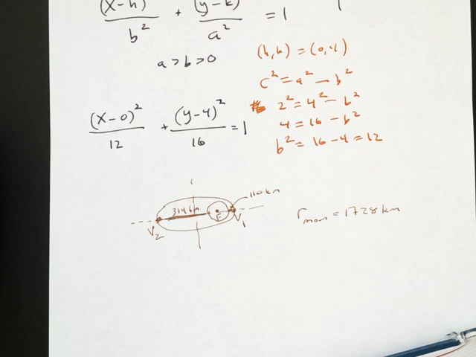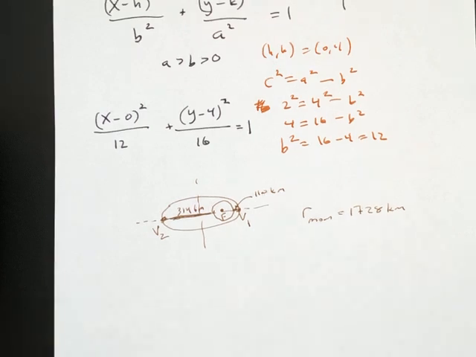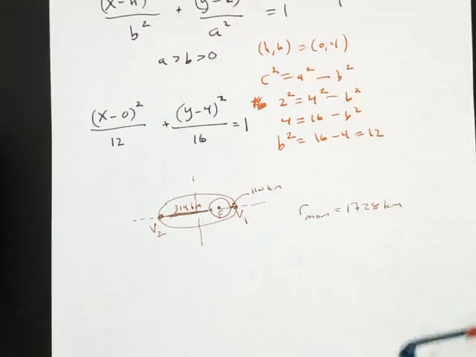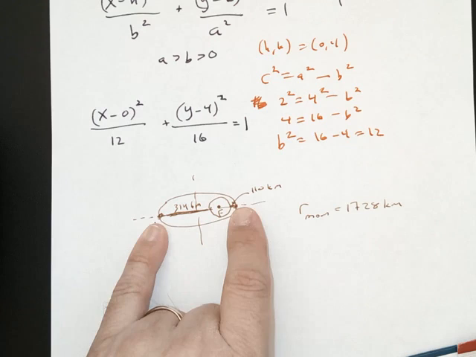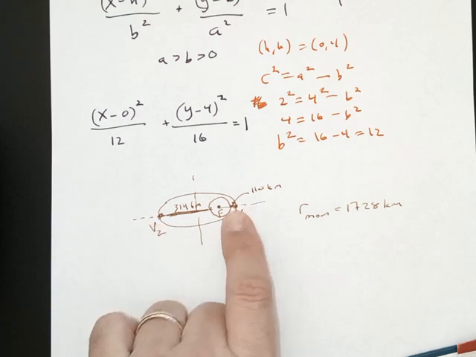More questions? On 10.6.28. Oh, the Hale-Bopp comet. So this is related to this idea here. We're actually trying to figure out how close we get. So we want to know if the sun is at one focus and we know the total distance across, where's the nearest side?